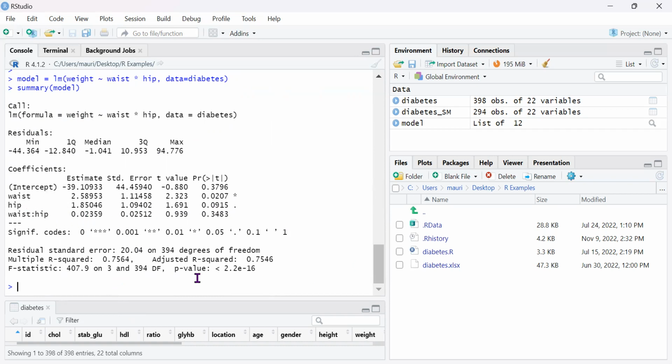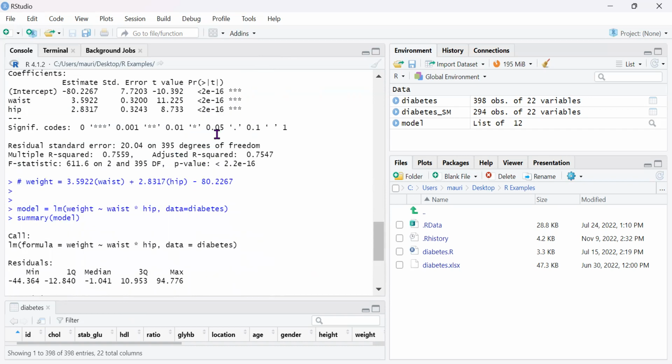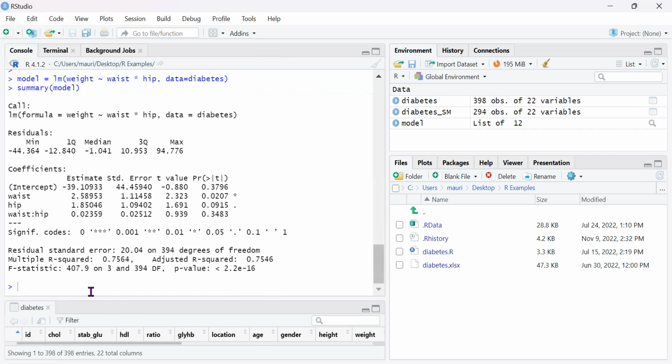So this model is actually not going to be very useful, although you can still use it if you really want to. You will write the model in this way: the waist will be this coefficient, hip, and the y-intercept, given as an intercept.